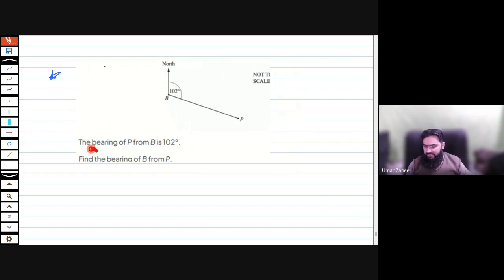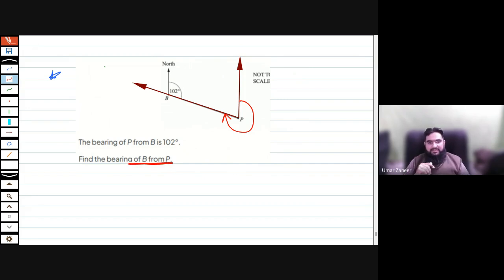He says that you have to find the bearing of B from P. It means we have to stand on P towards the north, and measure the angle in the clockwise direction until we get the B position. Yes, everyone, is it clear? It means that we have to find this angle. This is the angle that is the bearing of B from P.